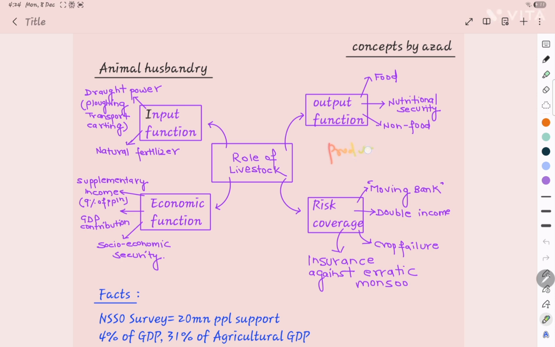After the green revolution, India is known for its nutritional security or food security, because the production of food started and we got a surplus food economy.